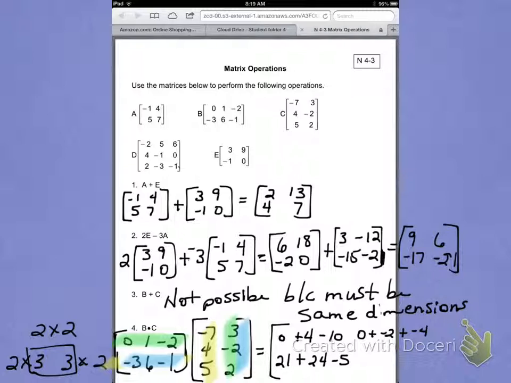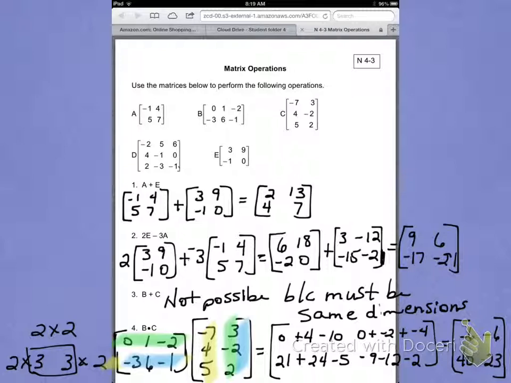So we have negative 3 times 3, which is negative 9, and 6 times negative 2 is minus 12, and negative 1 times 2 is minus 2. And so all that adds to be a 2 by 2 matrix, which will be negative 6, negative 6, 40, and negative 23 when I add all of those together.